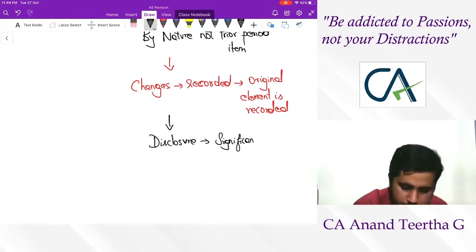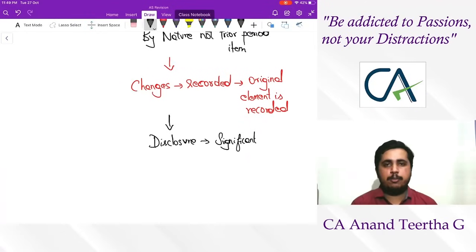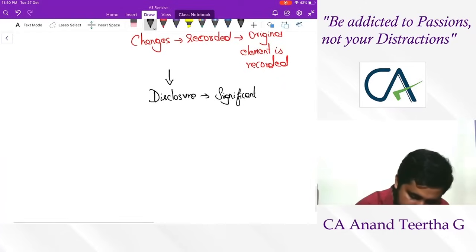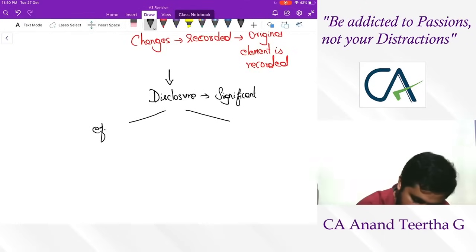Again, materiality effect comes into the picture. Whenever you make a change to the estimate, if it is significant, then you have to disclose it. 10-year useful life became 2 years. The huge change, you have to disclose it. Now, whenever disclosure comes into effect, number one, if it affects only the current year, then disclosure only for the current year.